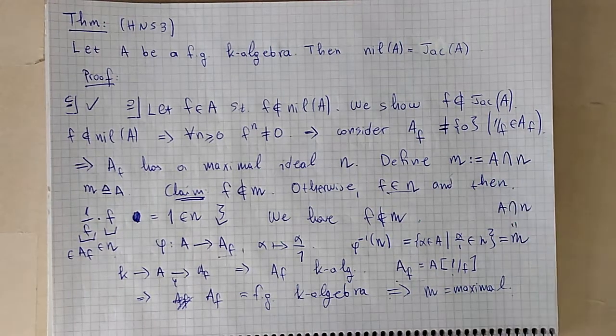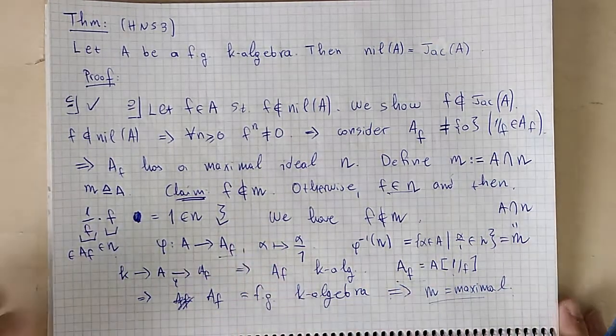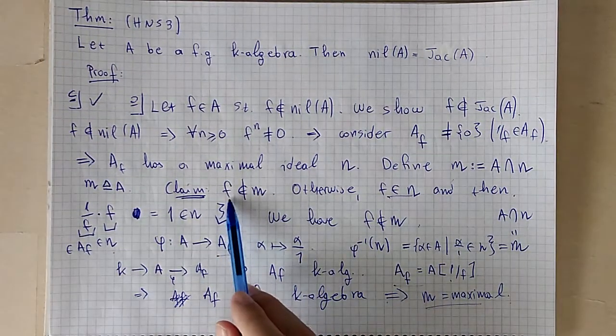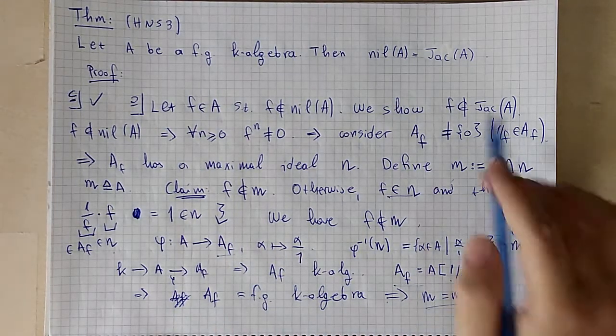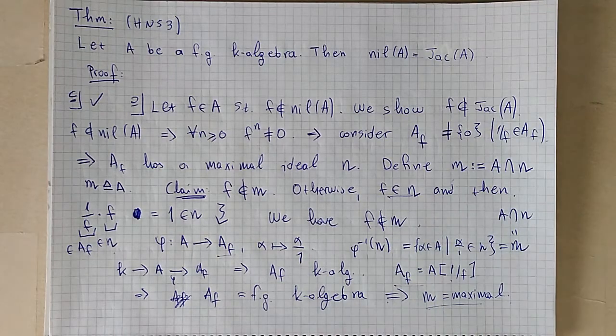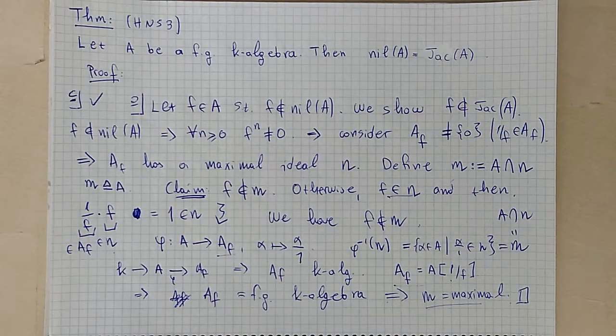And we're done, because as we already explained, we found a maximal ideal such that F doesn't live inside of it. So this proves that F cannot be an element of the Jacobson radical, and we're done. This completes the proof of the third version of Hilbert's Nullstellensatz.